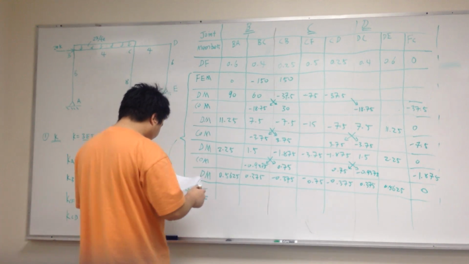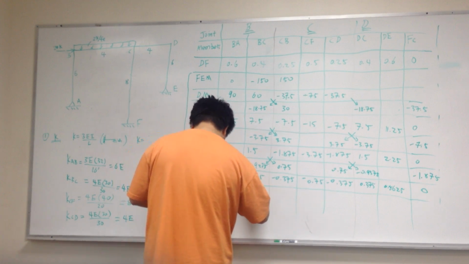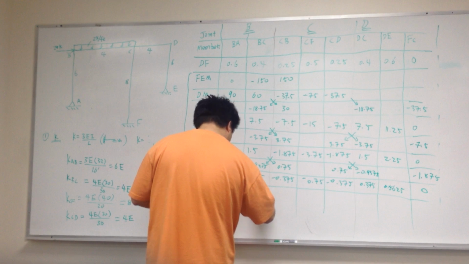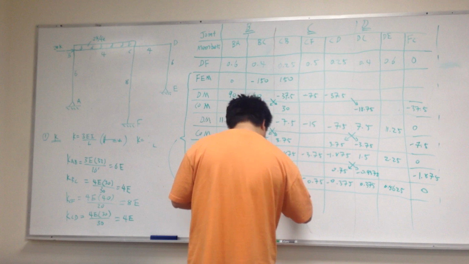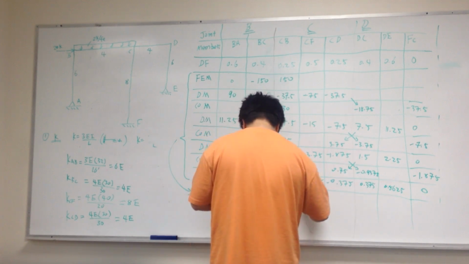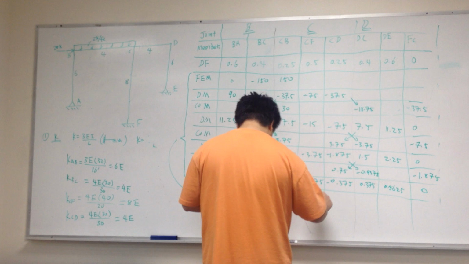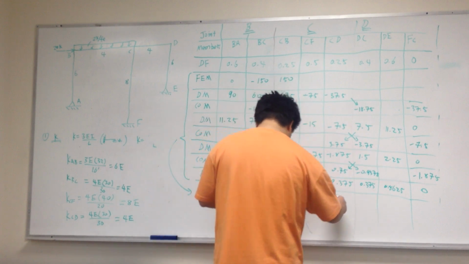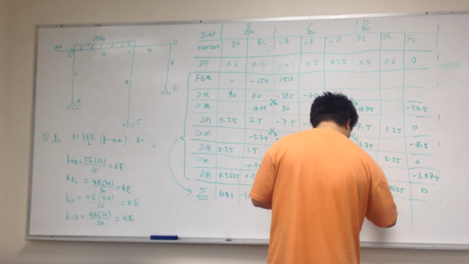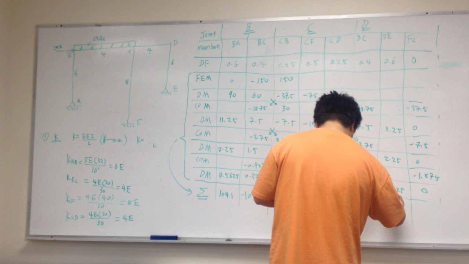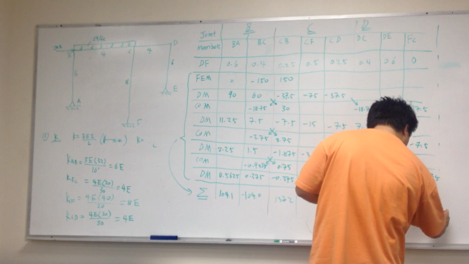So you're going to have 104.1, negative 104.0, 137.2, negative 94.5, negative 42.8, negative 14.06, 14.1, negative 46.9.